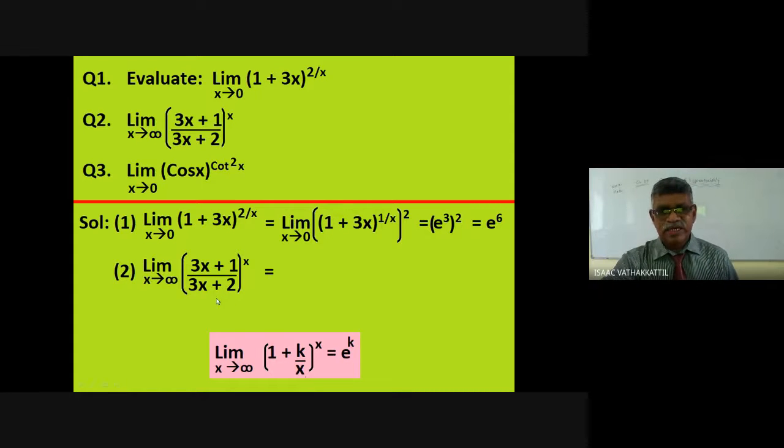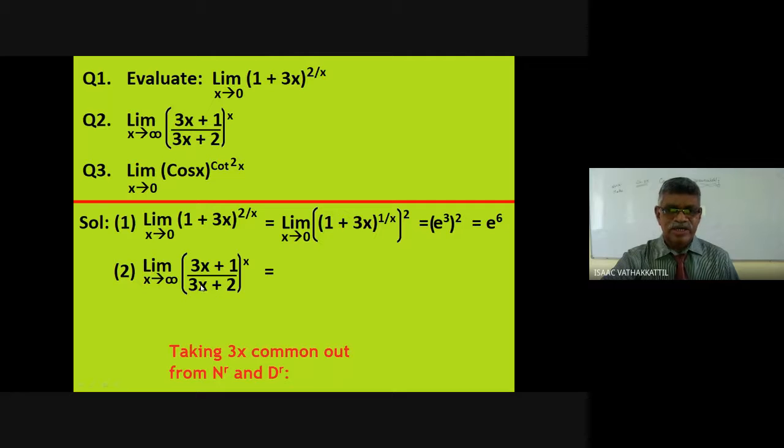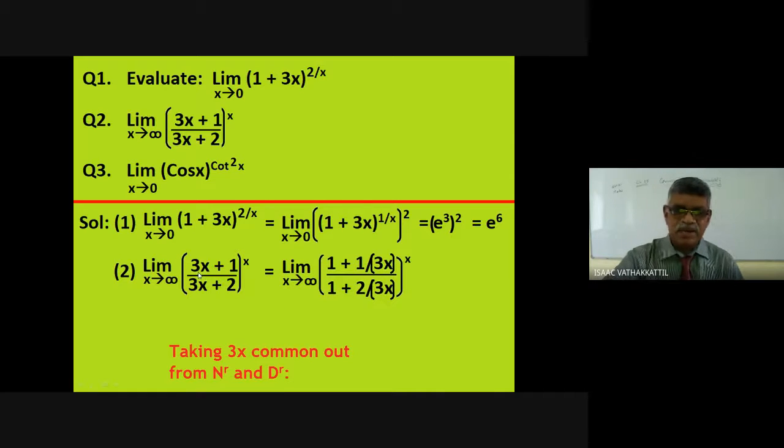What we can do is, inside the bracket, I take 3x common out from numerator and denominator. We are dividing with 3x. We take 3x common out and cancel it. Precisely, I am dividing numerator and denominator with the 3x. So you get (1 plus 1 by 3x) upon (1 plus 2 by 3x).